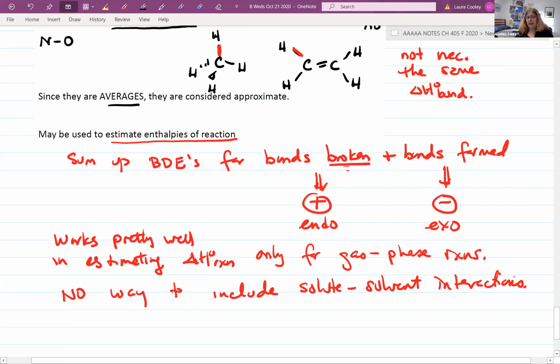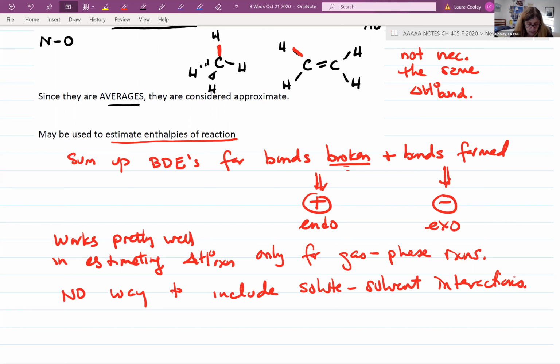The fact that you might have something dissolved that's stabilized by hydrogen bonding or something like that. And also if you have reactions where things end up in the liquid, you would have to account for the heat of vaporization, like we did in that first problem with the water gas and water liquid. So it works very well in the gas phase, but when you start bringing liquids and solutions in, it doesn't work quite as well.